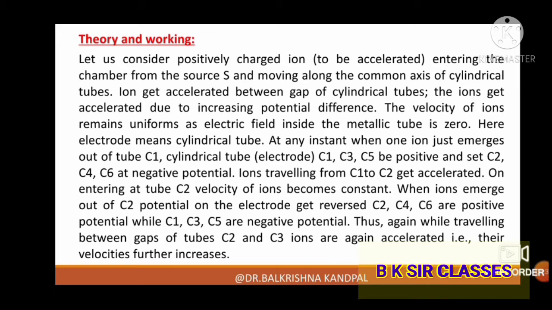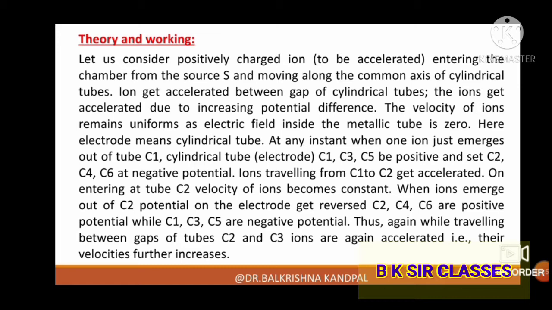The ion traveling from C1 to C2 gets accelerated. On entering tube C2, the velocity of the ion becomes constant. When the ions emerge out of C2, the potential on the electrodes is reversed, and C2, C4, C6 are positive.